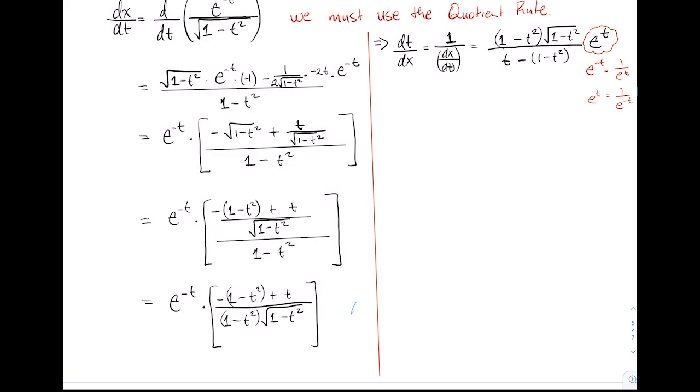Now, we need to find our derivative with respect to t for y. So, y is equal to sine inverse of t. So, this means dy/dt is equal to 1 divided by the square root of 1 minus t squared.